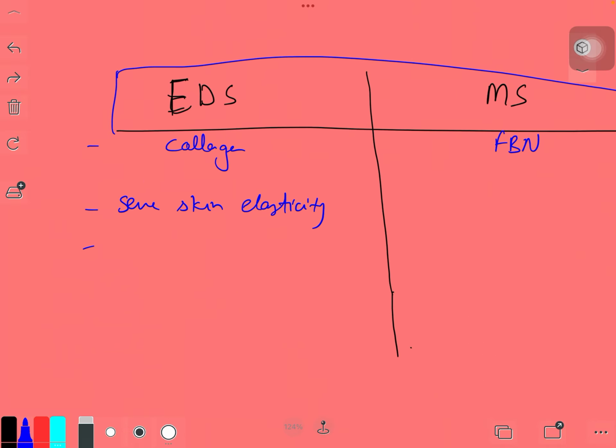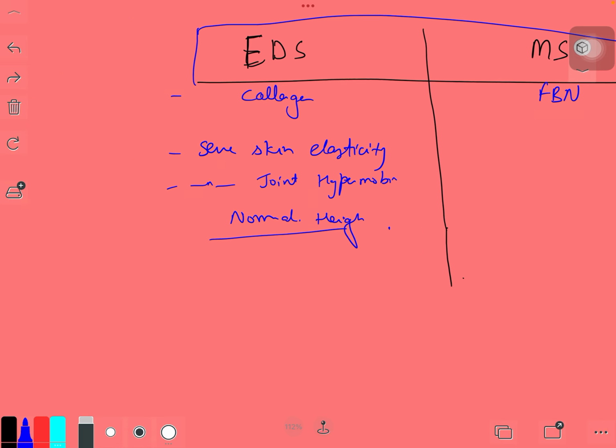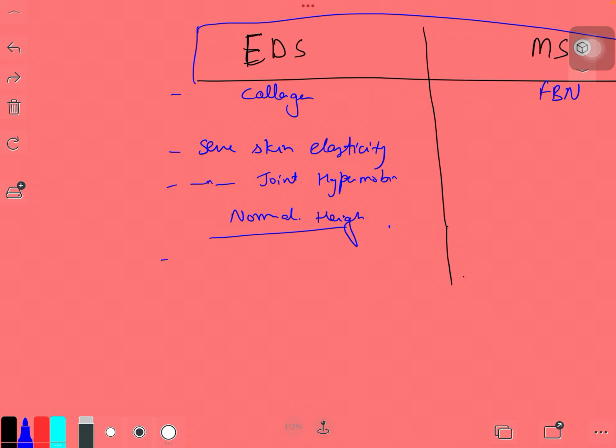So severe skin elasticity over here, severe joint hypermobility. The patient has normal height in the case of EDS. In the case of Marfan, there's a problem again.